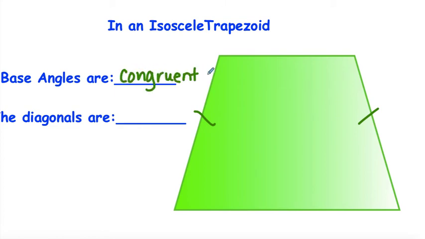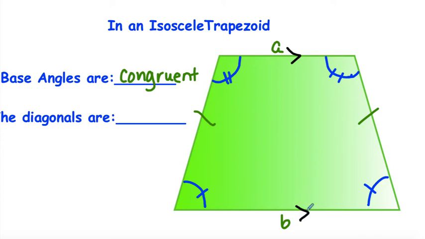Now, the interesting thing, though, is that remember, there are two bases. Remember we talked about this being a base and this being a base? So if the base angles are congruent, we have these base angles being congruent to each other, and we also have these base angles being congruent to each other. Now, remember, one thing that's really important about that trapezoid is that the bases are actually parallel.